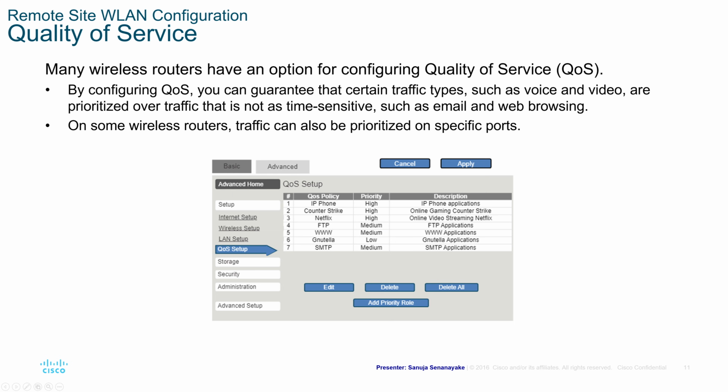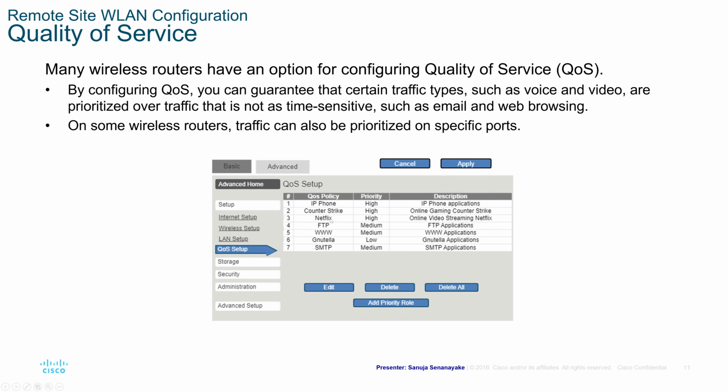However, typically in a home environment and most small business environments, QoS is used to prioritize voice and video traffic. Here at the bottom of the screen, you have an example of a QoS setup on a Cisco device. We see the QoS priority listing with the IP phone being the number one high priority.